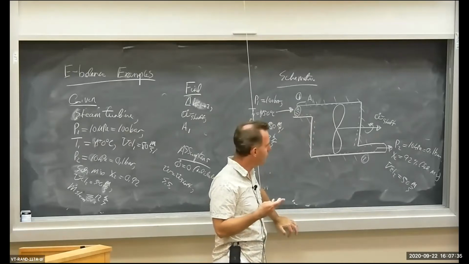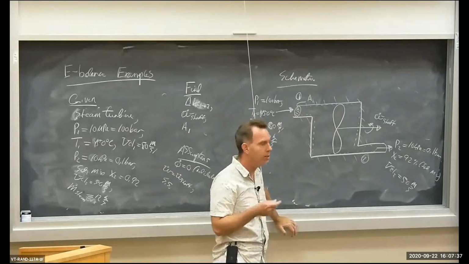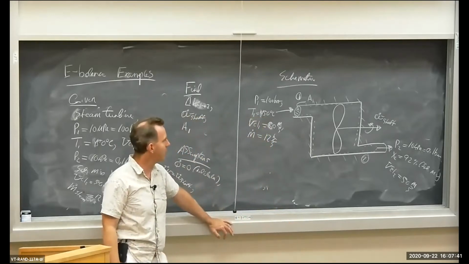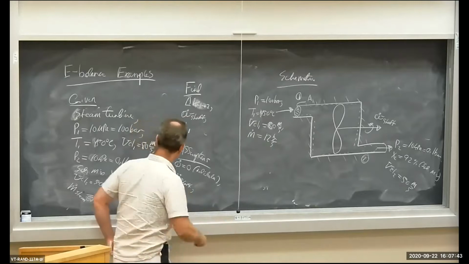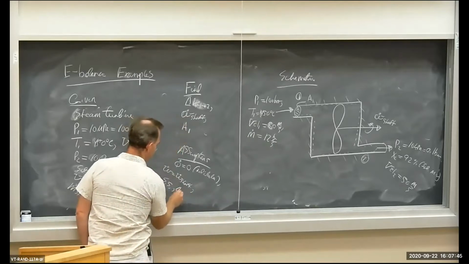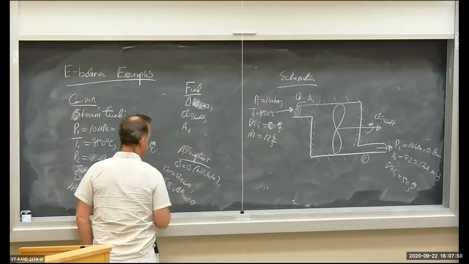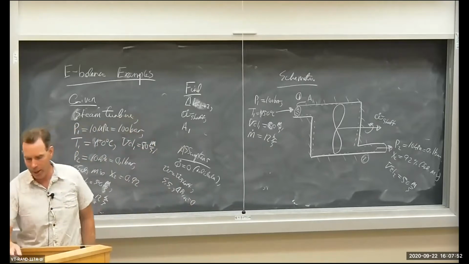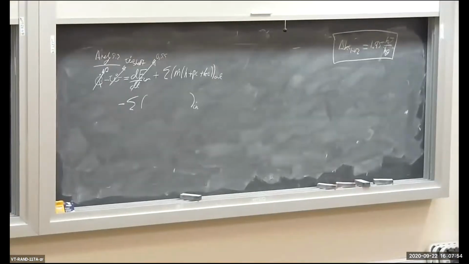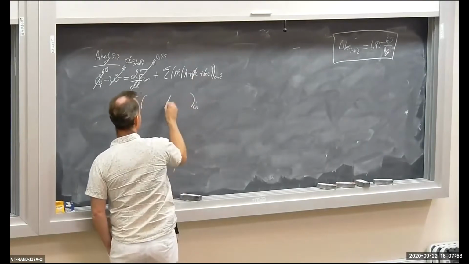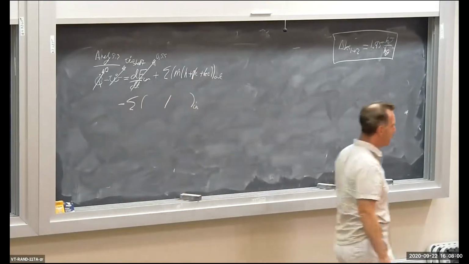So even if there was a change in height, it would have to be very large to be comparable to the change in enthalpy or kinetic energy of the flow. So I'm going to write delta PE from 1 to 2 equals 0. I'm going to neglect the change in potential energy of the steam as it moves through the turbine, so I'm going to cancel out these potential energy terms.